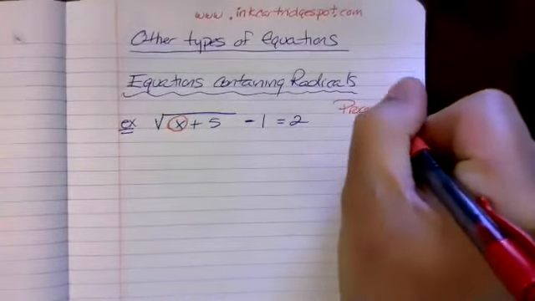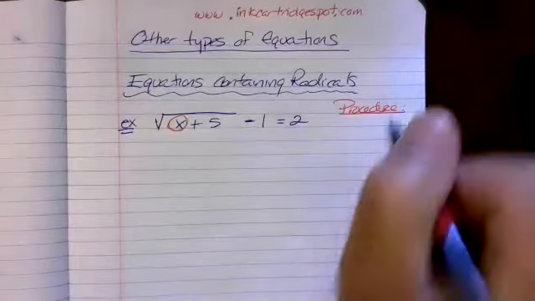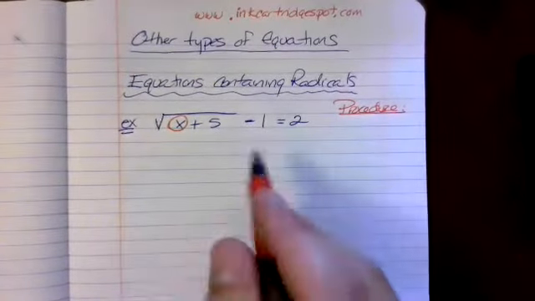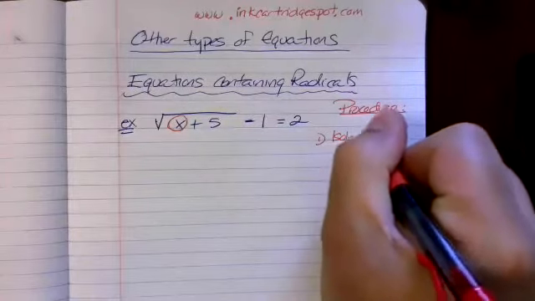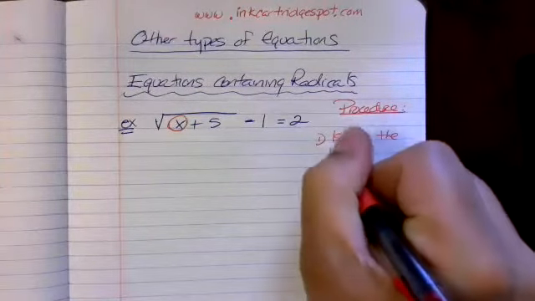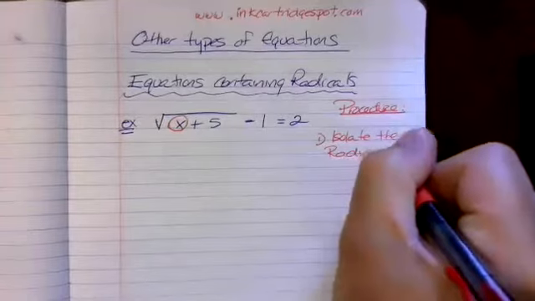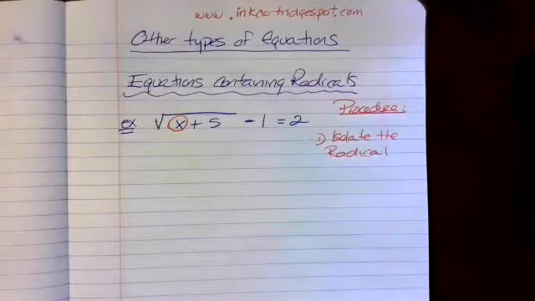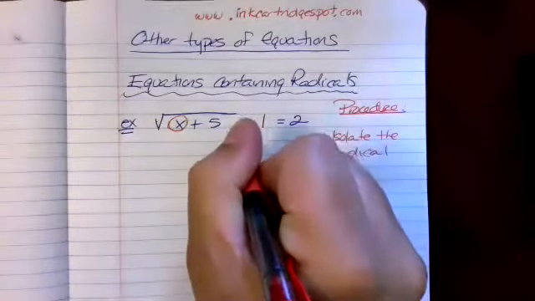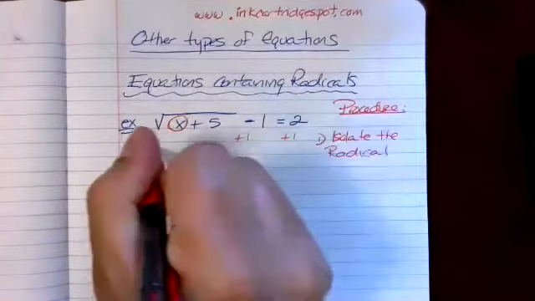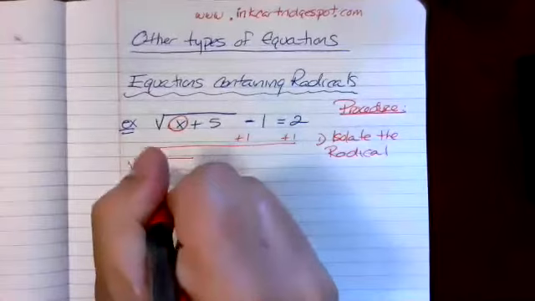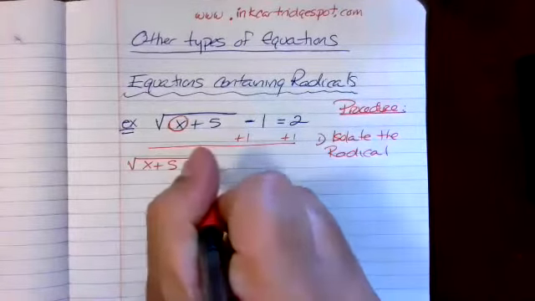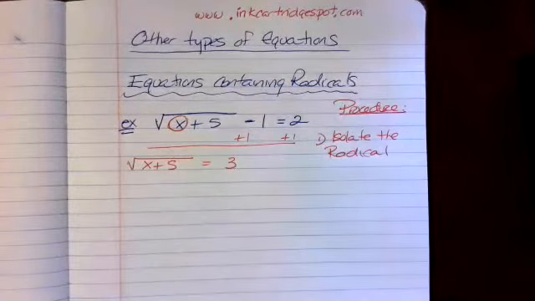As a procedure, in order to isolate x, the first thing you want to do is isolate the radical. So in this case, you would add 1 to both sides, and you would have the square root of x plus 5 is equal to 3.